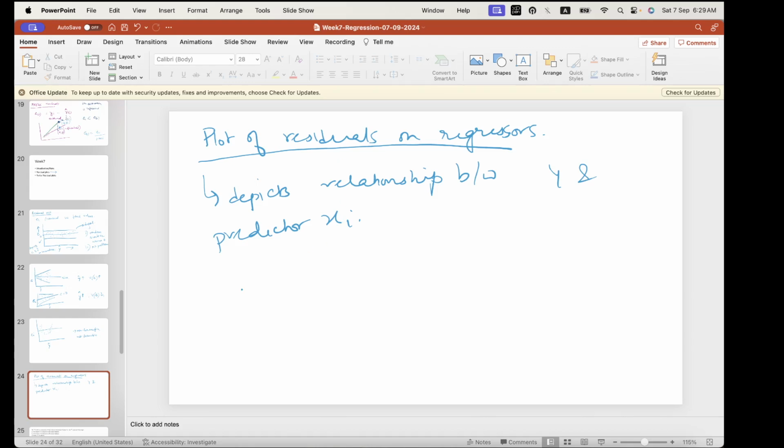Okay, so in case we have something like this, where we have e_i and x_j, and this is the equal to 0 line, and we have random scatter about 0, then we are good to go.